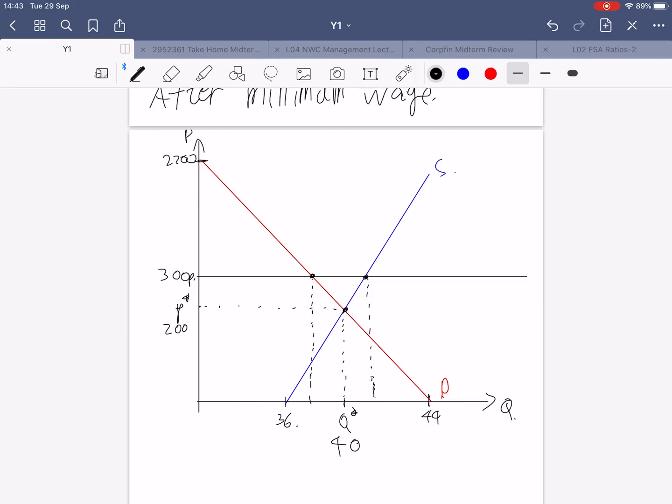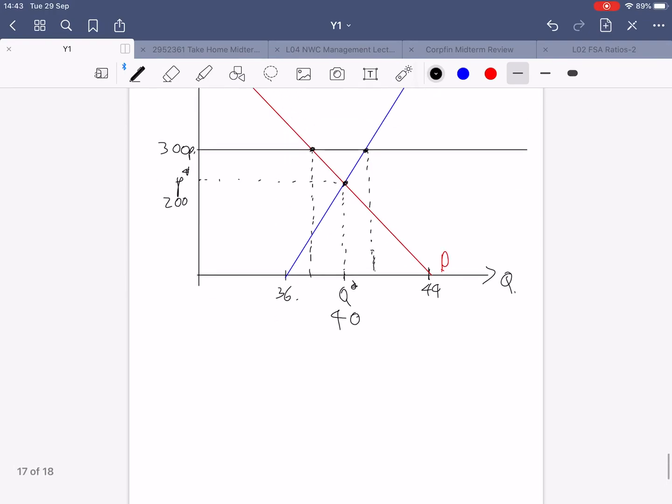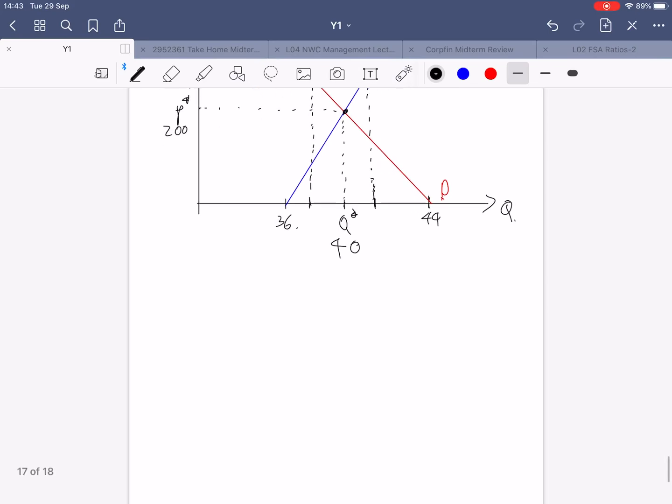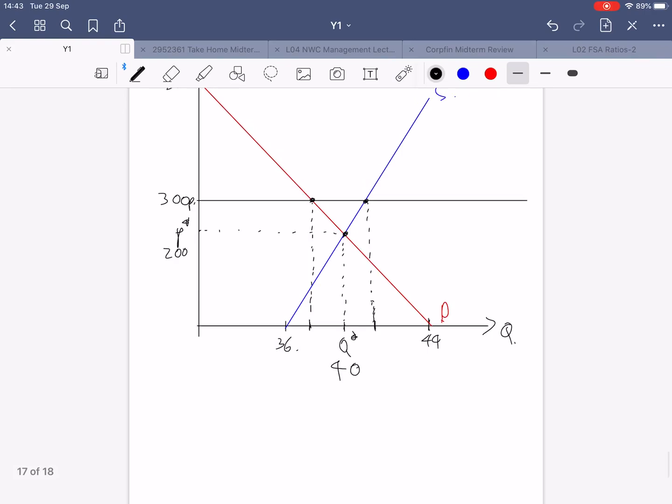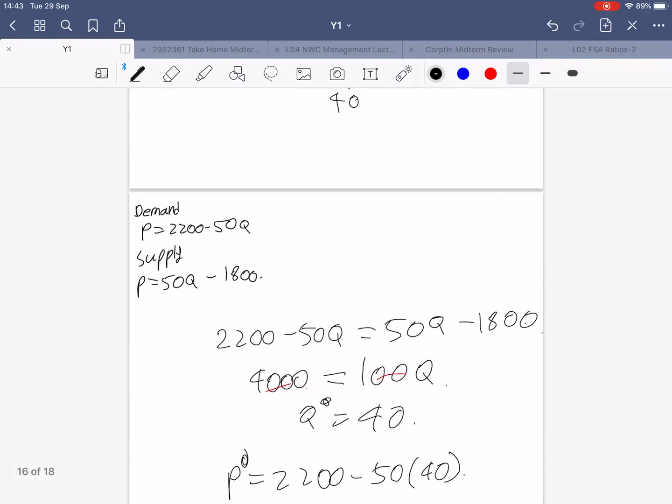The excess supply of laborers after imposing the minimum wage. Okay, so we're going to use these two equations again.